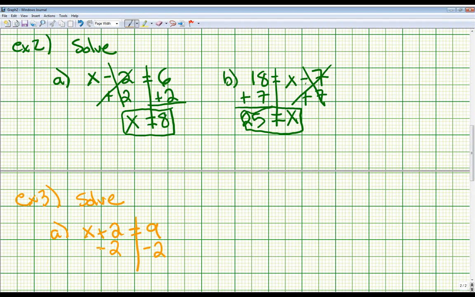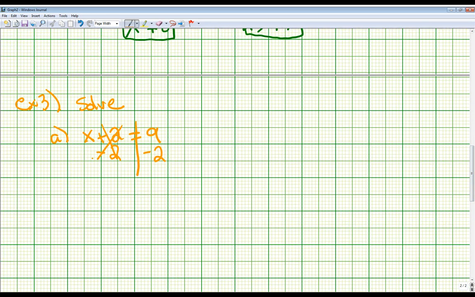So adding 2 and subtracting 2 would cancel each other out, since those are inverse operations with the same number. And an x is what I'm going to be left with over here. My equal sign stays on my balance bar. And now over here, I have 9 take away 2. 9 take away 2 would give us 7. So my answer to this equation would be x equals 7.